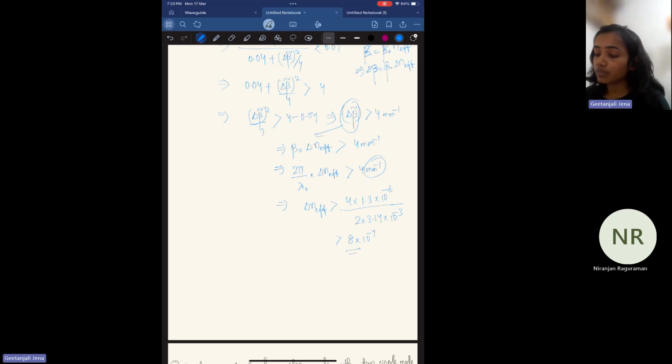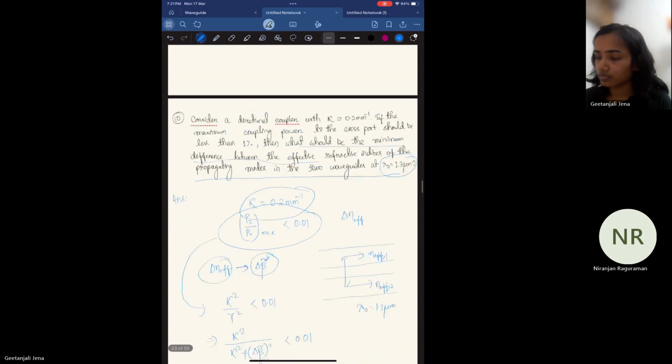So that means the minimum difference between the effective indices should be on the order of 8 into 10 to the minus 4. Okay, is this clear? Yes, we will get 8 into 10 to the minus 4 for this.